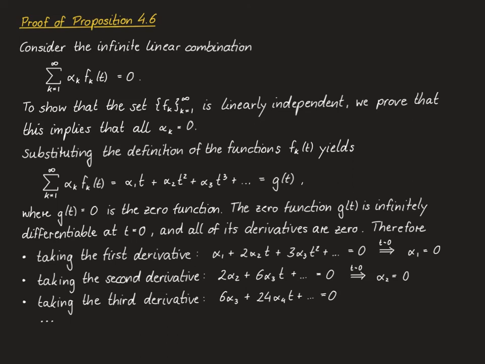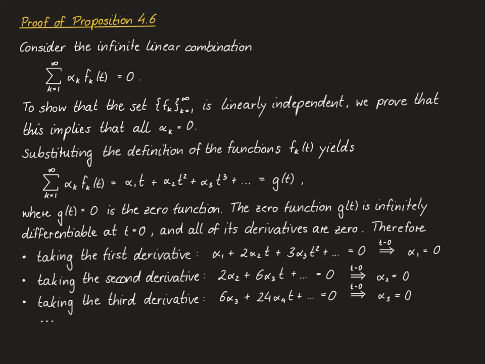Taking the third derivative yields 6 alpha 3 plus 24 alpha 4t and so on, which again must be equal to 0. Again, all of these terms that contain at least a t drop out for t equal to 0, and we get that alpha 3 must be equal to 0. Clearly, this process can be continued indefinitely, and what we will get is that all of these alphas need to be equal to 0.